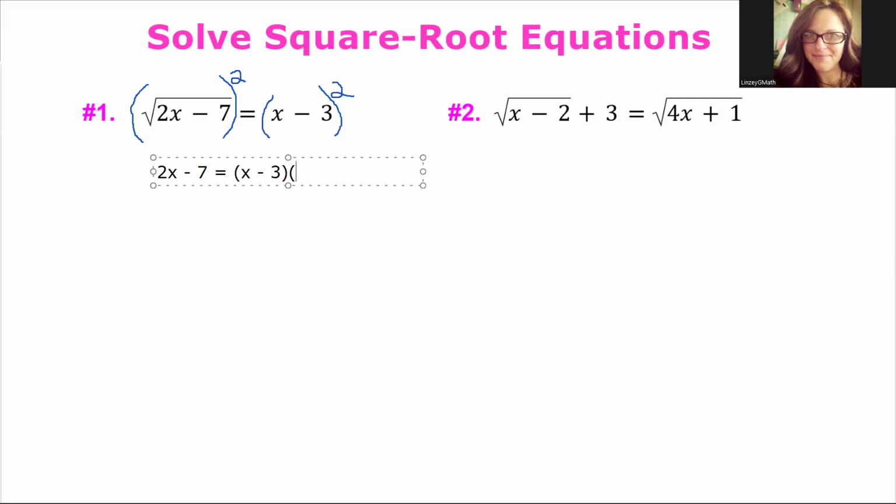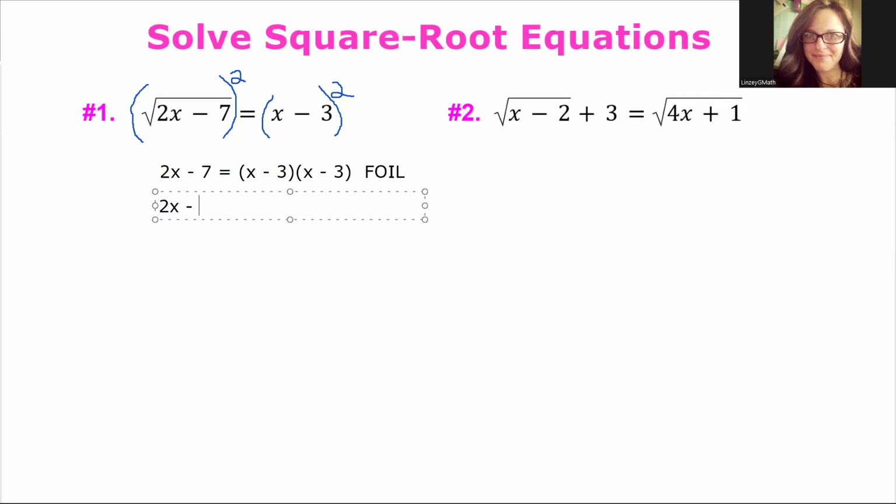And on the right-hand side, we will need to FOIL. x minus 3 squared is x minus 3 times x minus 3, so we will multiply those binomials. We get x squared minus 3x minus 3x plus 9, and we'll combine like terms: x squared minus 6x plus 9.